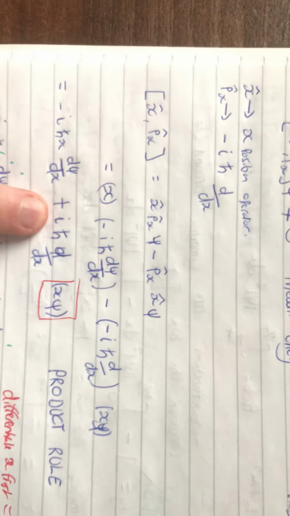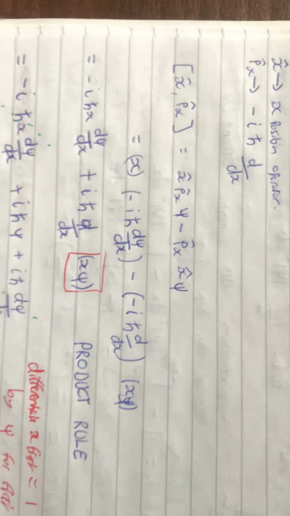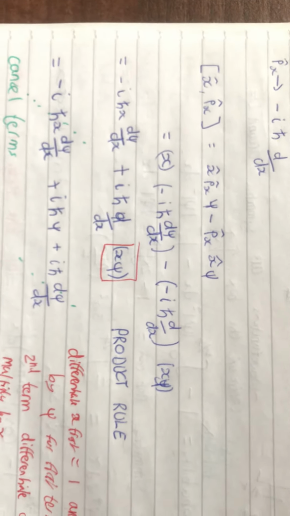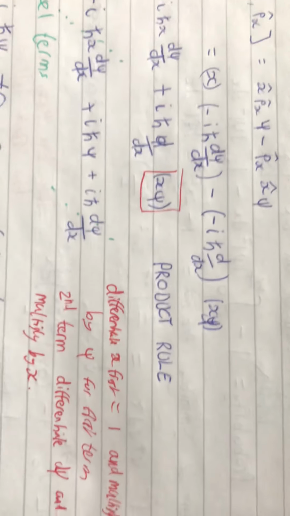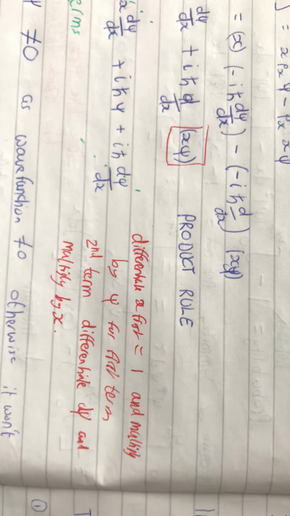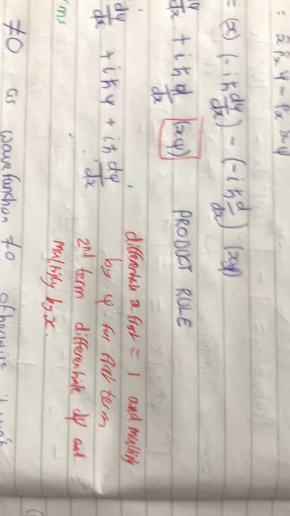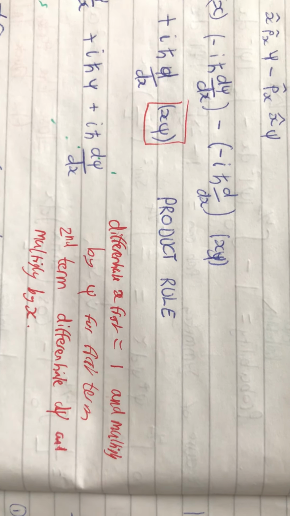We've done minus minus, which is a plus, and then we've got this x and the wave function term, and we need to use the product rule for that. So first off, we differentiate x, which equals 1, and multiply by the wave function for the first term, and then for the second term we differentiate the wave function and then multiply by x.